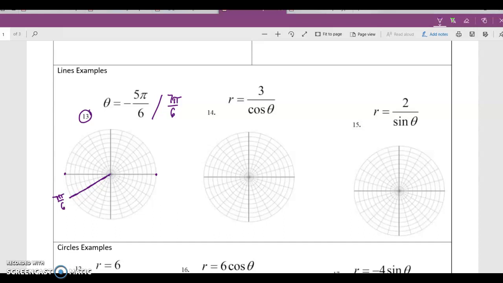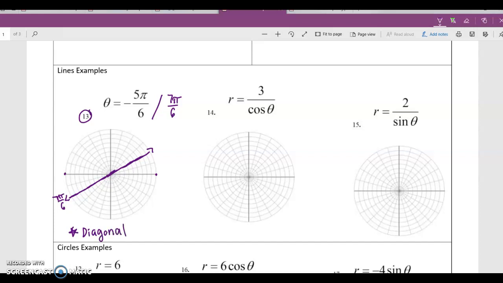But then remember, if we have a negative radius, it goes to the other side of that line. So this also continues into quadrant 1. So this right here would be if you have a positive radius, and this would be if you have a negative radius. So when you have theta equaling some angle, you're going to get a diagonal line.